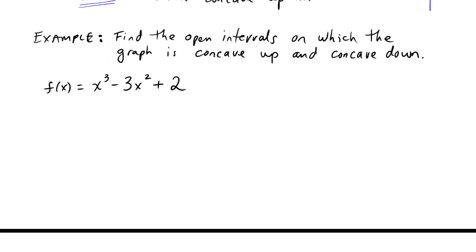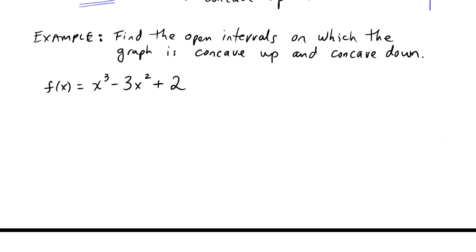So now let's take a look at an example and see what we would do with this. Find the open intervals on which the graph is concave up and concave down. So that means we're going to have to look at the second derivative. We're going to need to take the first derivative to get to the second derivative.